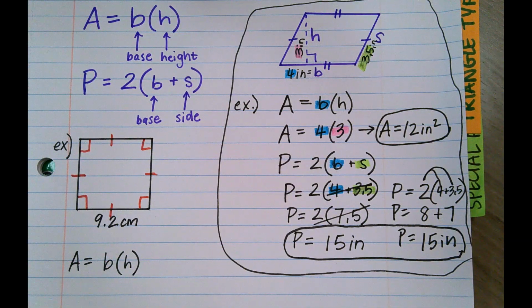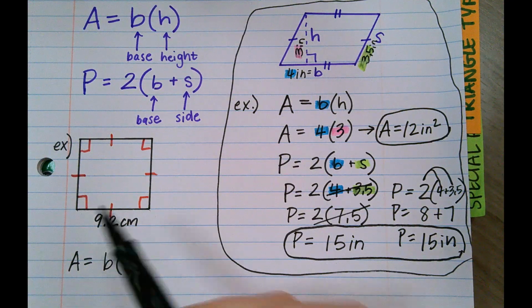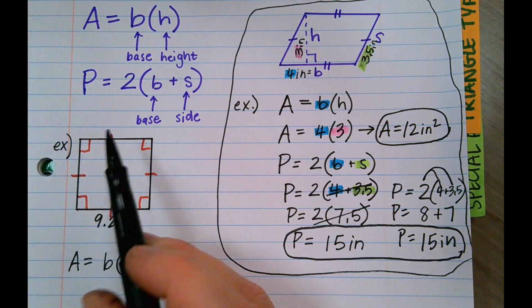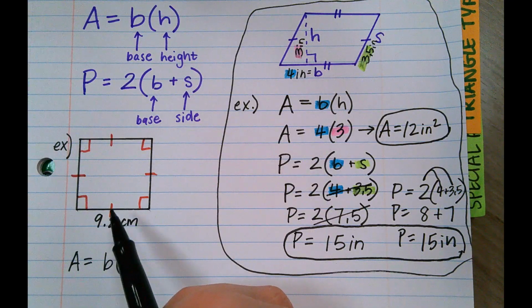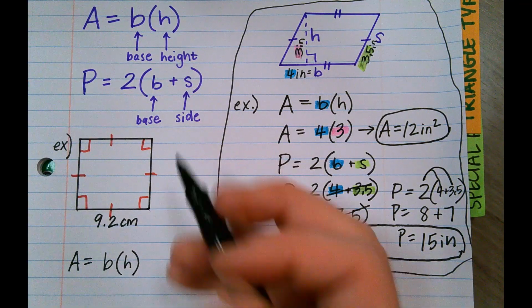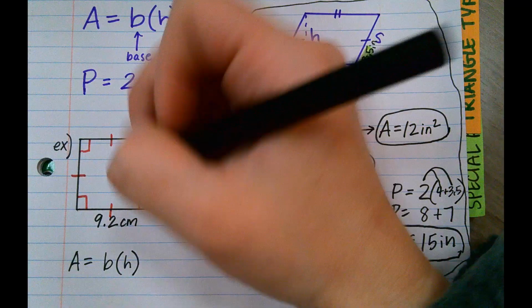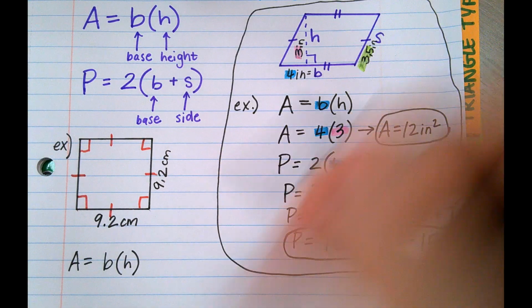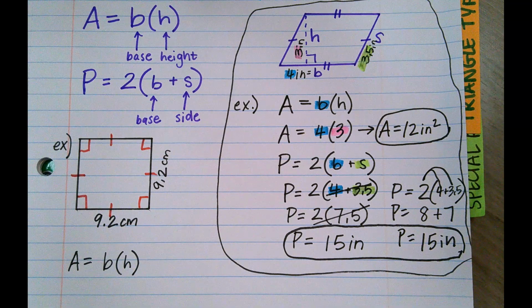Wouldn't they all be the same? Yeah, wouldn't it be 9.2? They would all be the same. 9.2 is the same as every other side because of that single tick mark. That's what tells you. And it's a square, all 4 sides. So if we want, we could label the rest as 9.2 centimeters, or at least just one more.